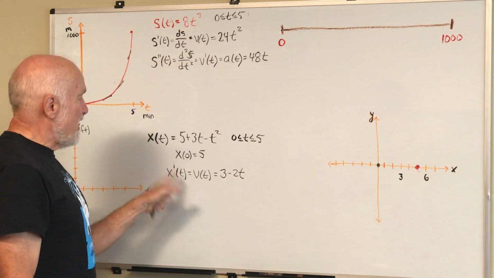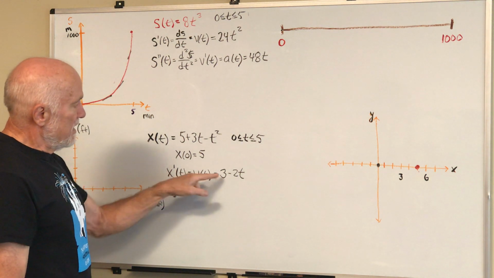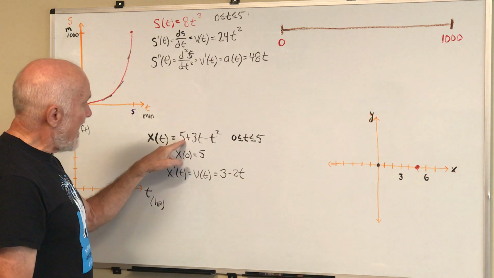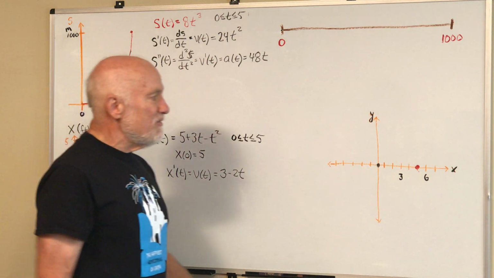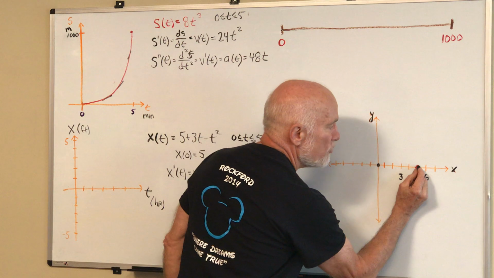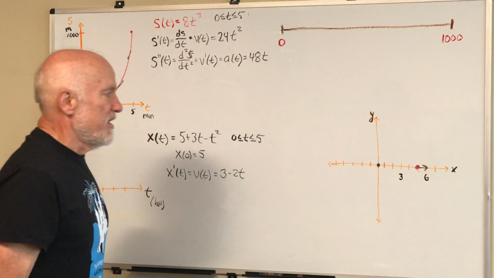So we see at the very beginning of the trip, our position is 5 and our velocity is 3. That's a positive 3, which means the turtle is moving to the right. The x values are getting bigger.